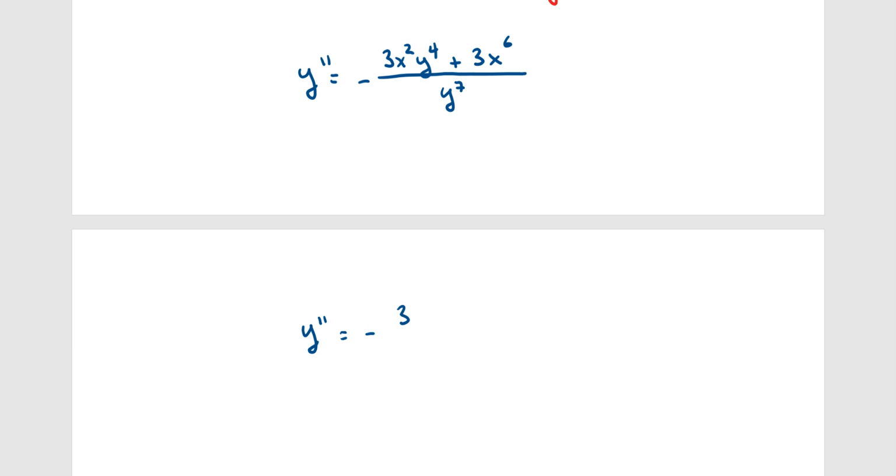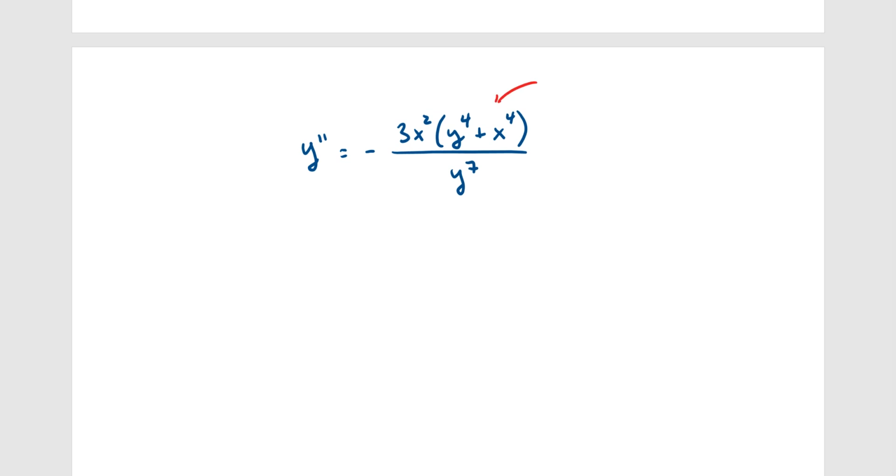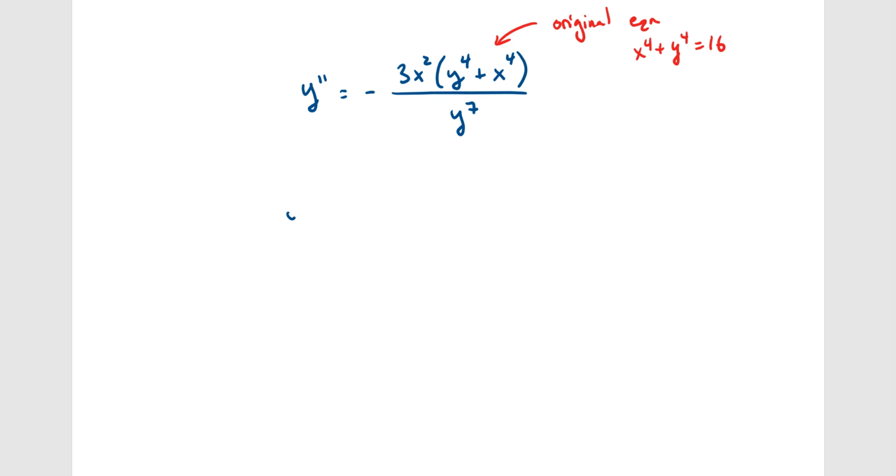We're going to be left with y to the 4th plus x to the 4th all over y to the 7th. And the reason why that is nice is because what's in parentheses right here is the original equation. The original equation is x to the 4th plus y to the 4th equals 16. So we can replace y to the 4th plus x to the 4th with a 16. So it becomes negative 3x squared times 16 over y to the 7th.